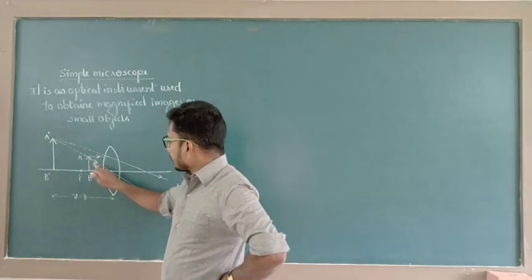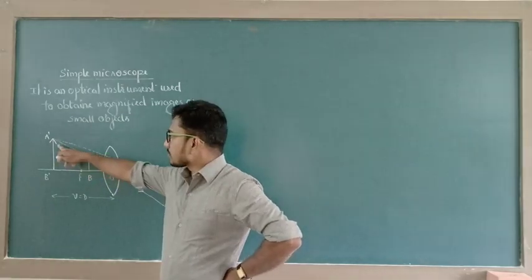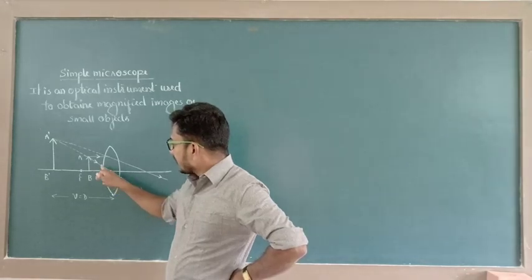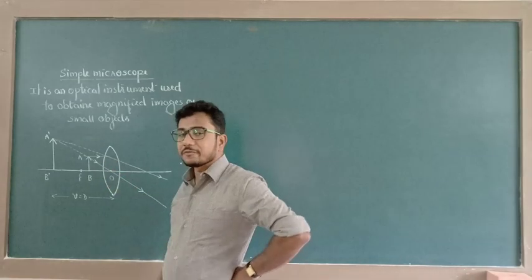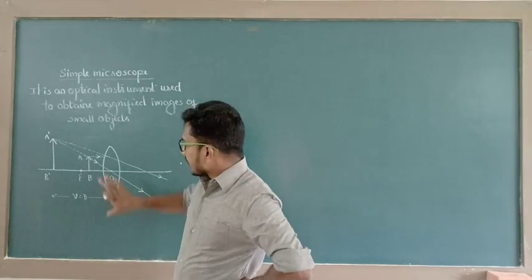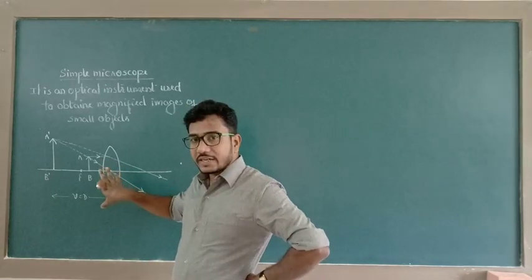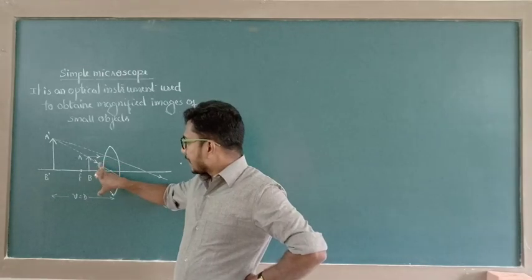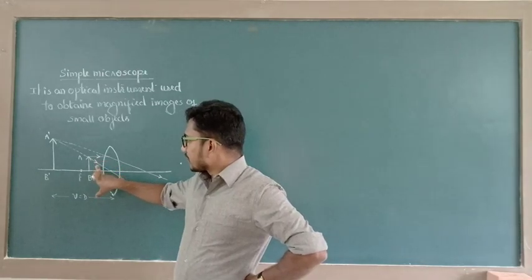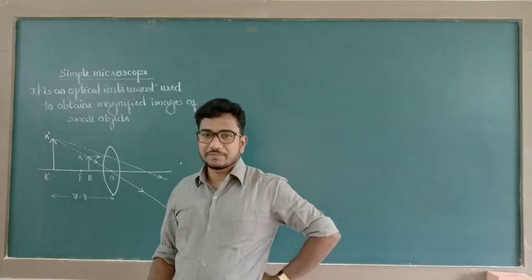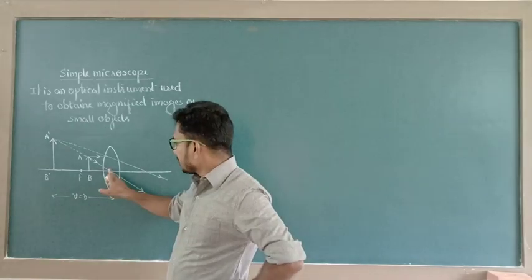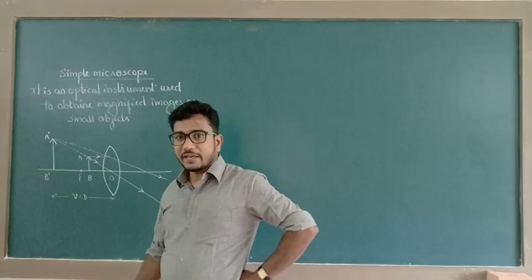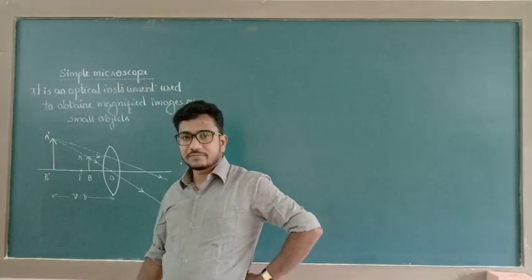This light ray meets the object as well as the image. This is the angle made by this light ray at the optical center. Directly, if you view this diagram, we will say the angle made by the object is equal to the angle made by the image, because this segment reaches these two things, AB as well as A dash B dash.